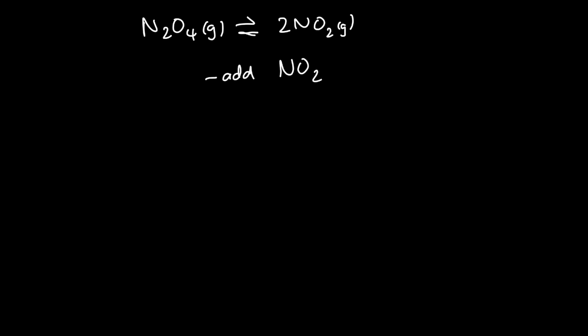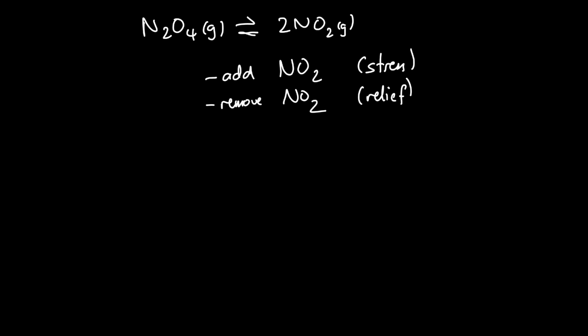Let's look at some more concrete examples. So for instance, let's look at the equilibrium between N2O4 and NO2. So this is at equilibrium. And let's say that we add some NO2 to the equilibrium. This is our stress. So our equilibrium responds in a way to try and relieve that stress. And so the relief is to try and remove NO2. So essentially, we're just doing the opposite.